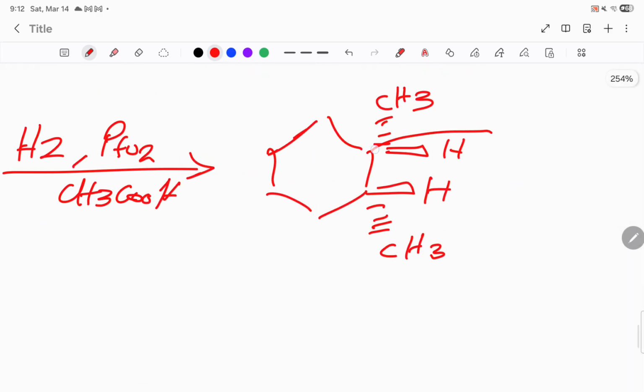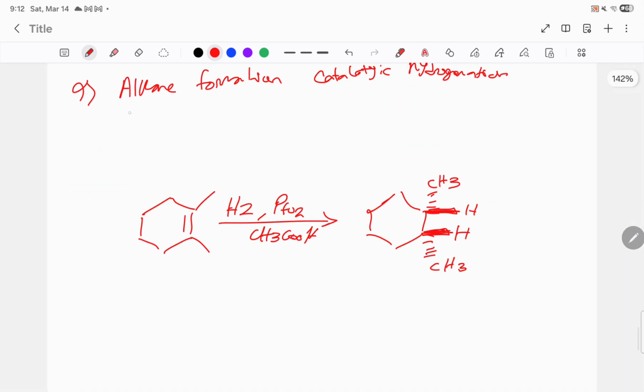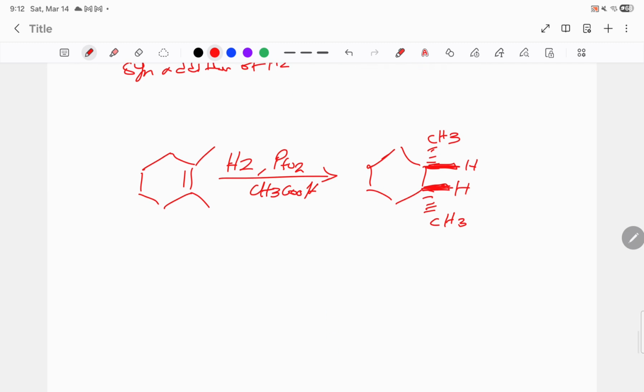And this is the reason why I put syn, because the hydrogens will have a very specific stereochemistry. So the reaction is stereospecific because there is a syn addition of hydrogen, of H2.